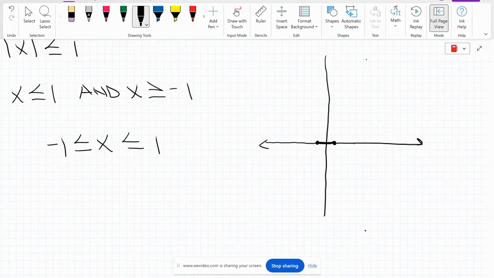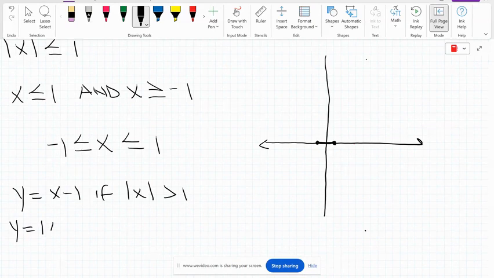We're going to have y equals x minus 1 if the absolute value of x is greater than 1. So we're going to have y equals 1x minus 1. If x is greater than 1, what word should I put in between now, and or? Or x is less than negative 1.